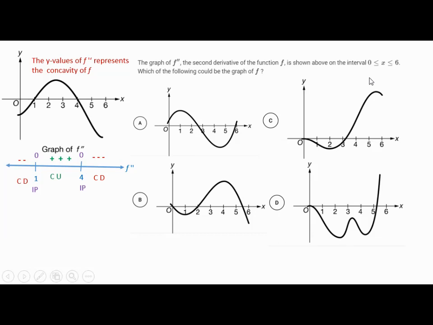It looks like it could be C. So let's just verify by looking at D. We see that it's concave down, then it's up, and then it's down, and then it's up, which means it changed its concavity way more times. Let's see, 1, 2, 3, 4. We have 4 changes in concavity, where here there's only 3. So therefore, it's got to be C. And there's your answer.